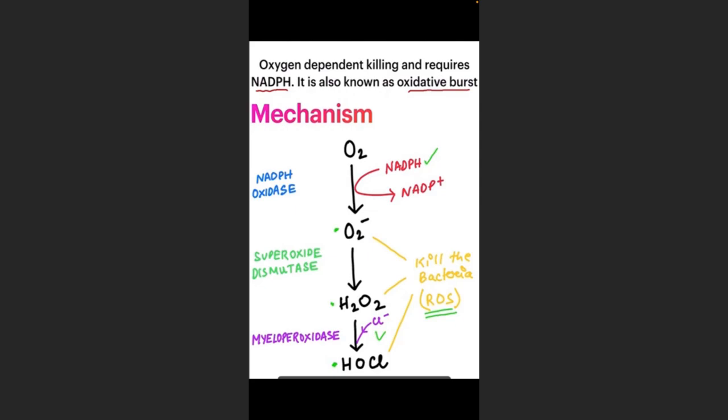What happens when a certain type of bacteria or virus attacks a cell? A biochemical mechanism of action takes place in the following steps, and this causes the killing of the specific type of bacteria.